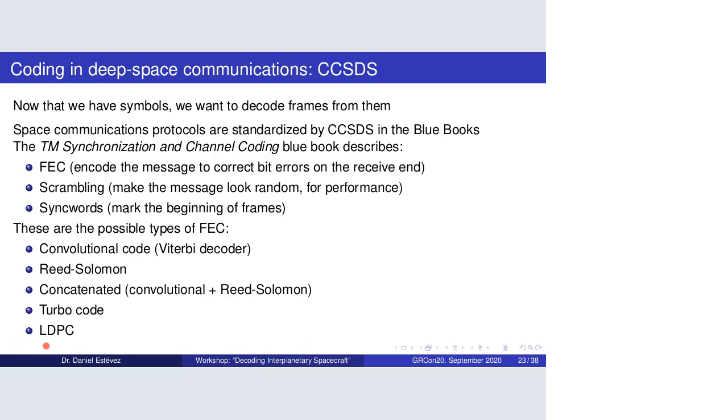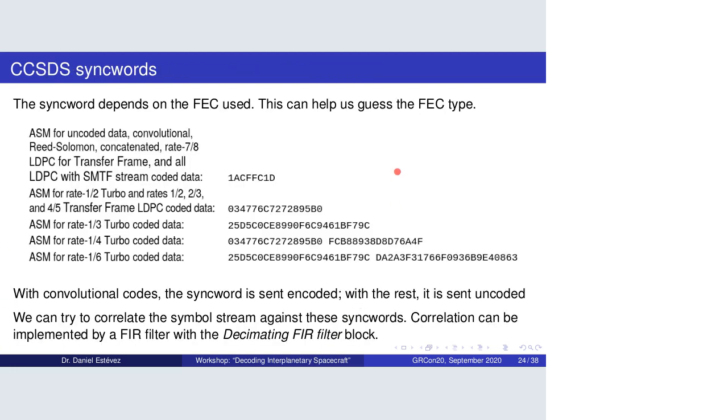So how can we guess what is the error correction method used by the signal we are working with here? Well, there is a nice trick, which is to look at the sync word. And luckily, the sync word used in each of the error correction methods is different, as shown by this table, which comes straight from the Blue Book.